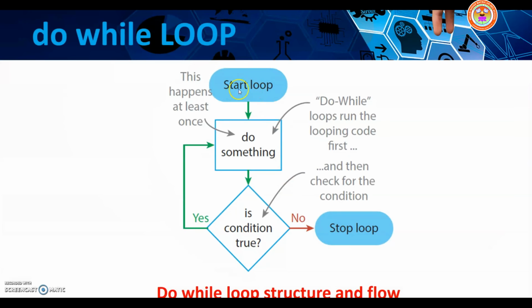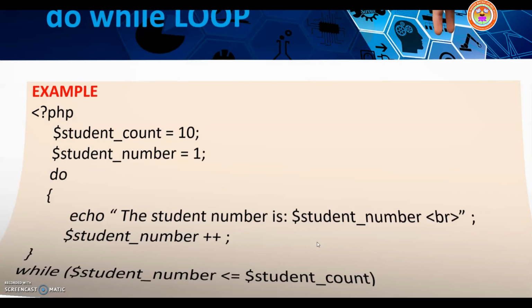See, starting the loop, do something, then only the condition is checked. Do something means this happens at least once. Do while loop runs the loop code first and then only it will check the condition. Okay, if the condition is true, again it will do something. If the condition is false, then it will stop the loop.